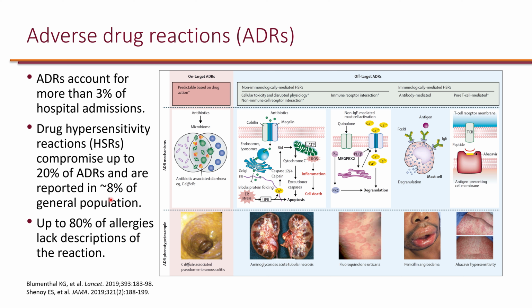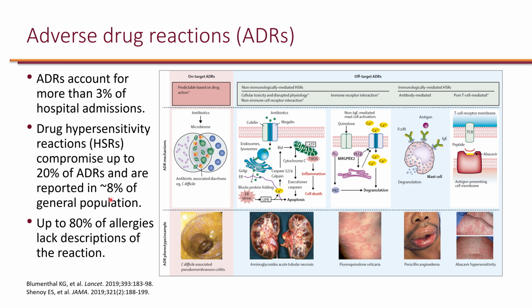When it comes to off-target adverse drug reactions, it is useful to think of them as non-immunologically mediated and immunologically mediated. Essentially, we need to know if the immune system is involved or not. Now, when the immune system is not involved, we can think of whether the actual immune cells are involved or not, because some drugs can interact with the receptors on some of the cells, even though the immune system is not activated.